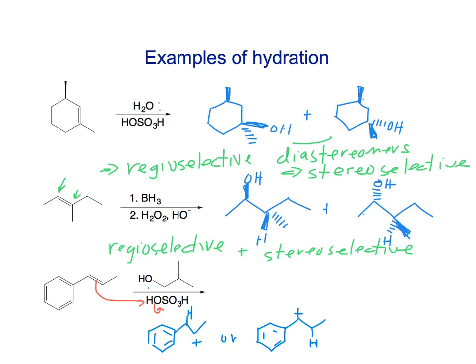So, do we have a difference in stability of these 2 carbocations? Yes, in fact we do. The one on the right, because the plus charge is adjacent to the benzene ring, that plus charge can be delocalized inside the benzene ring, and so this one has resonance. So it's going to be the major one. We're not going to form this one, and so our product is going to add the alcohol to that position.